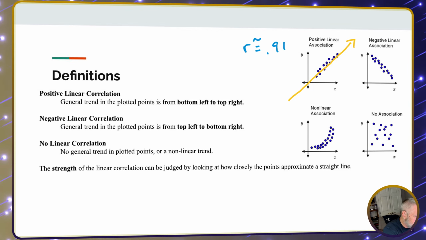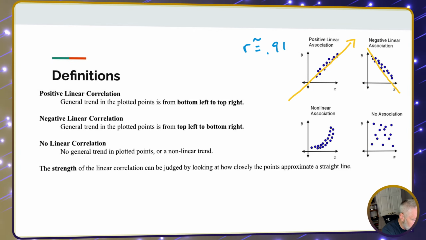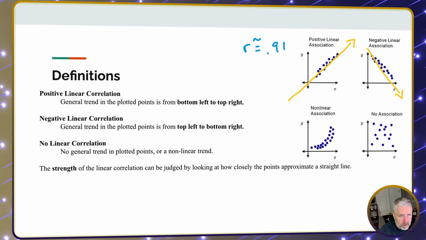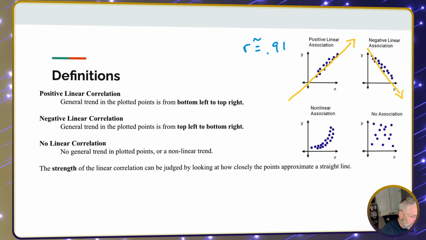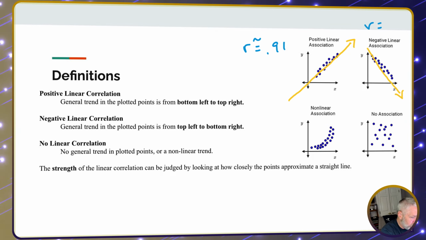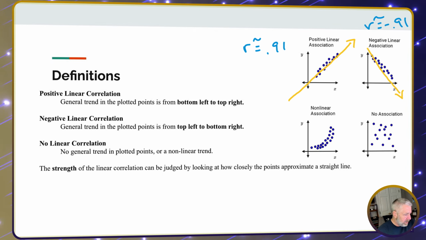Then I'm going to look at this second one here. This also looks like a very strong correlation, very strong relationship between the x and the y variables. And since it's got a negative slope, I'm going to say r equals negative 0.91. That's just glancing at the graph and looking at it.